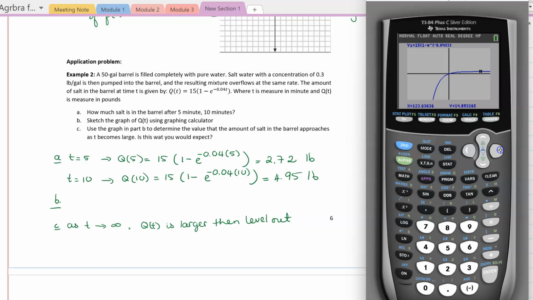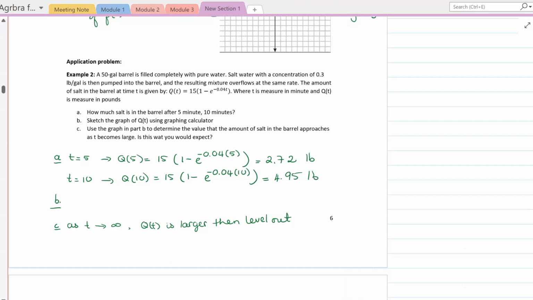They keep going, and here we keep on going. As you can see, at x larger and larger, the value of y is getting closer and closer to 15. It's just getting closer and closer to 15 and didn't get any bigger.